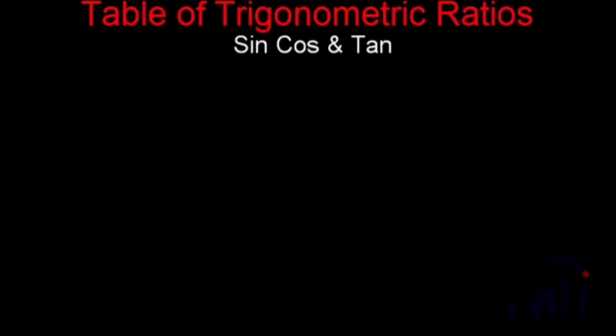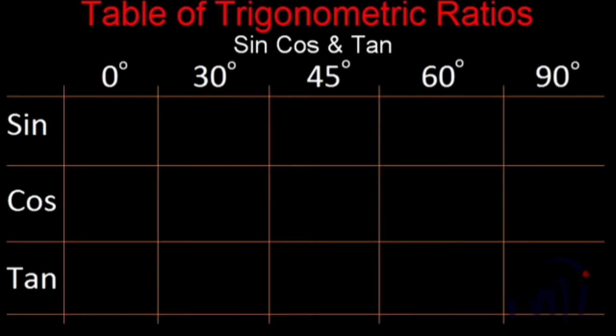Hi friends, in this video we are going to learn about the values of the different trigonometric ratios for different values of theta, that is 0 to 90, for sine, cos and tan, the three trigonometric ratios. And for this, first of all, we have to create a table like this.